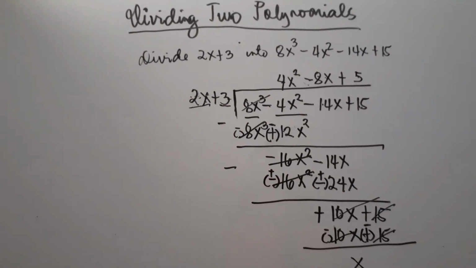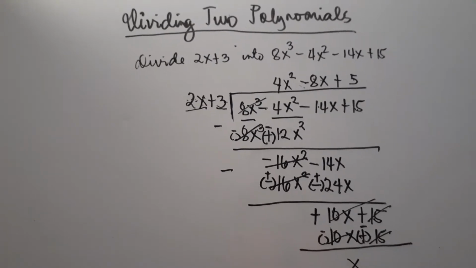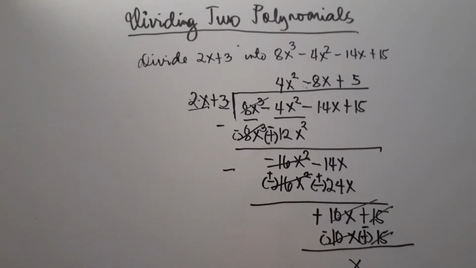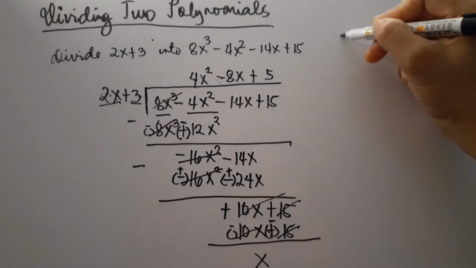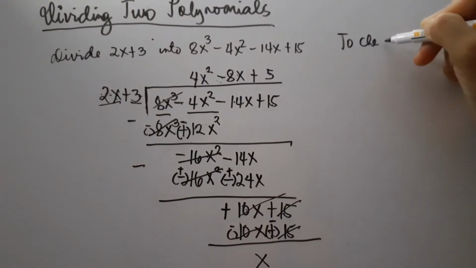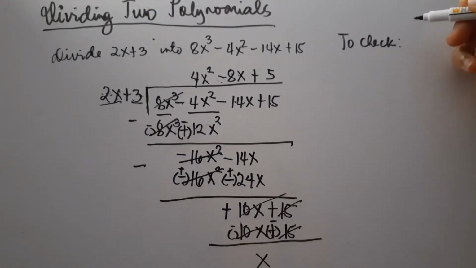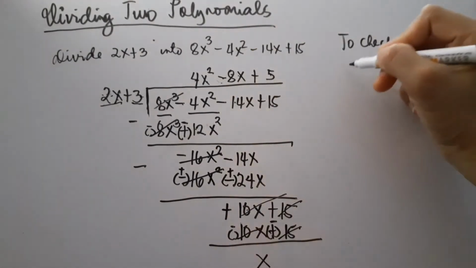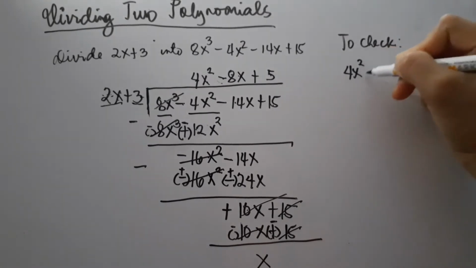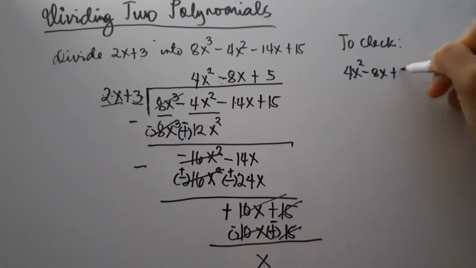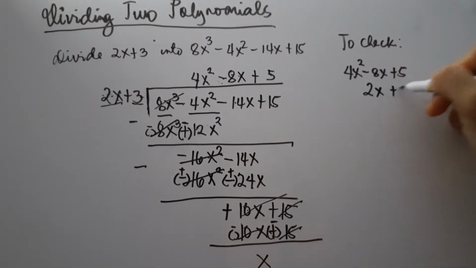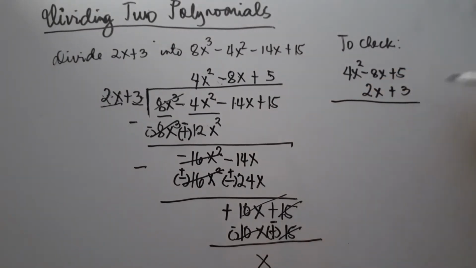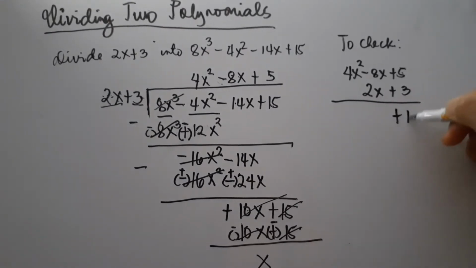Recall the division of whole numbers. We multiply the quotient by the divisor to check. 4x squared negative 8x positive 5 times 2x positive 3. 5 times 3 becomes 15.